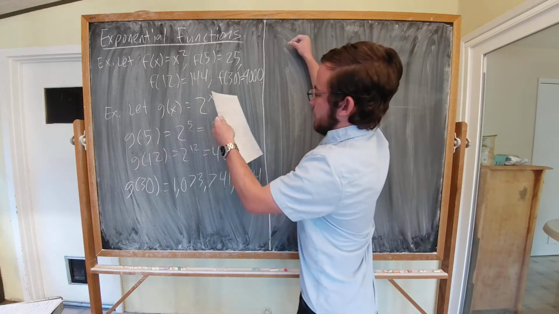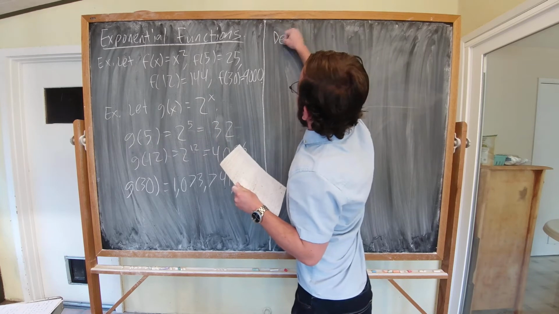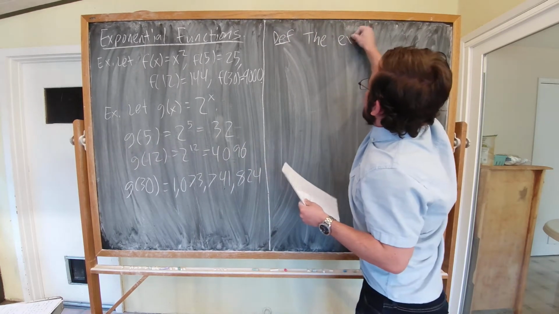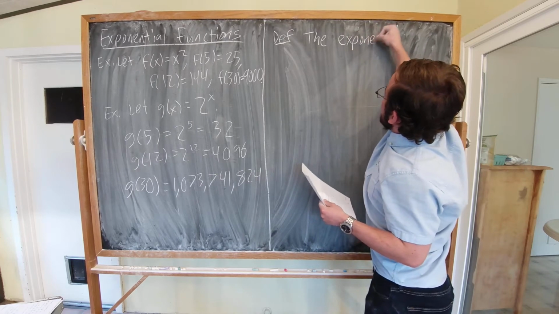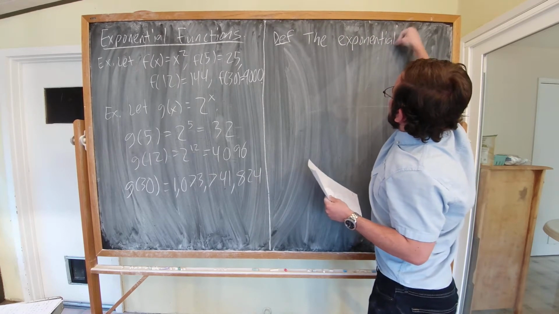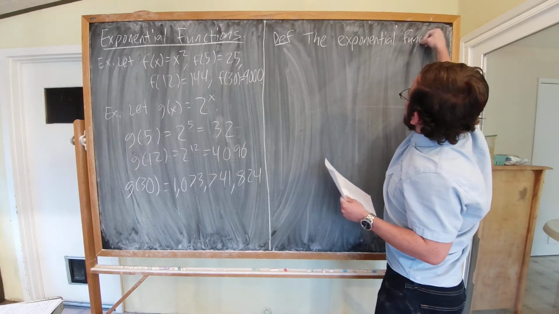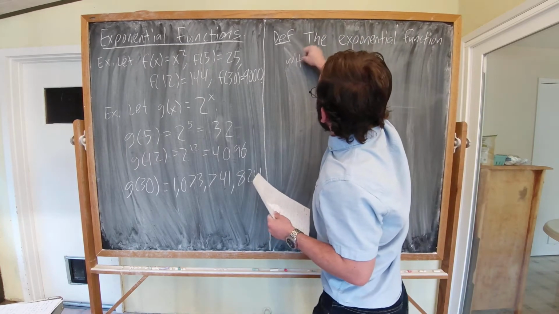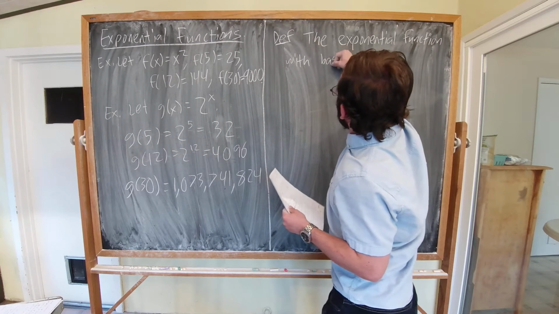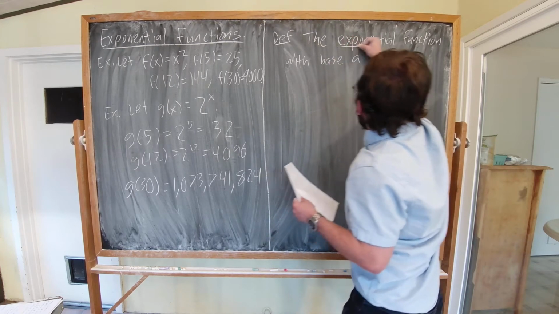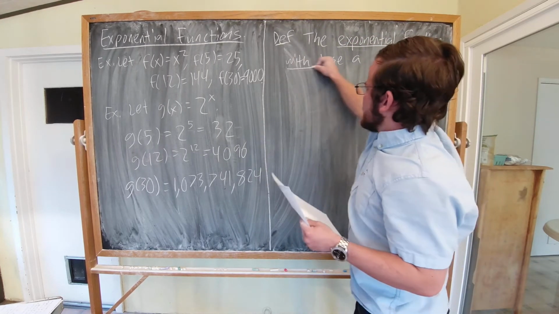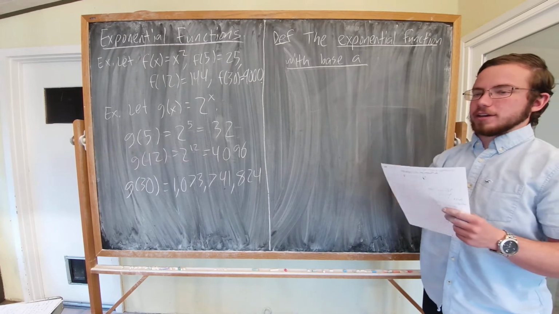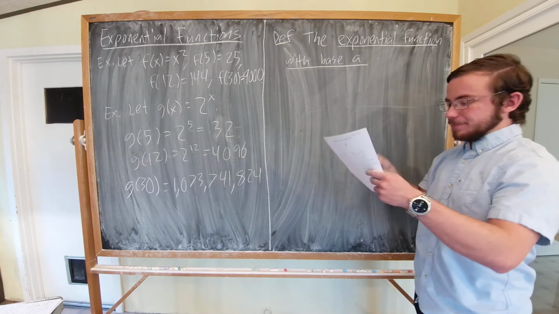So, here's our definition. The exponential function with base a. Also, the notation I use might be slightly different than your book, but I enjoy teaching it this way, so we're going to do it that way.